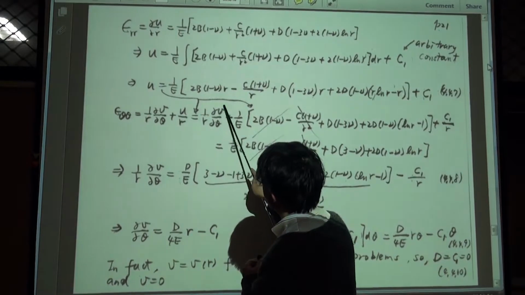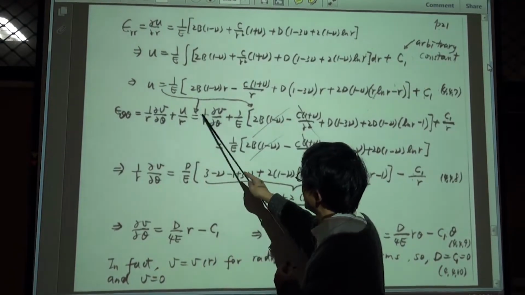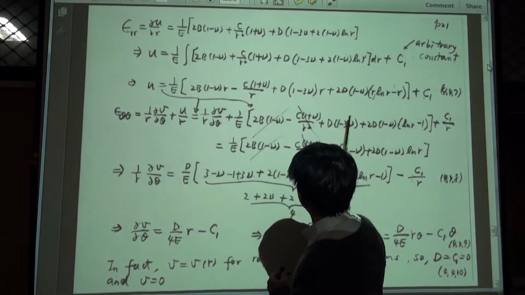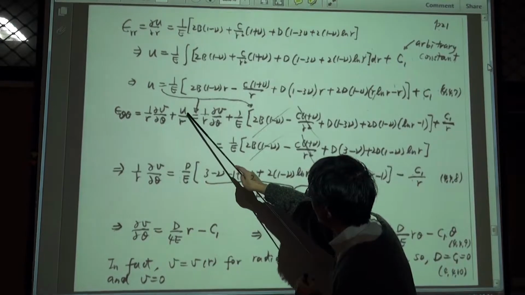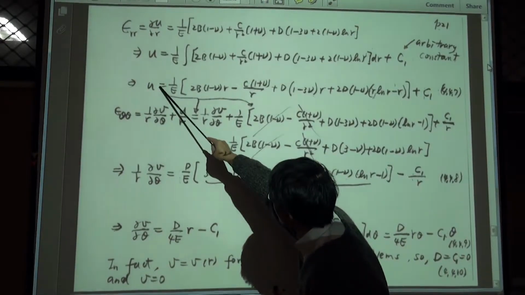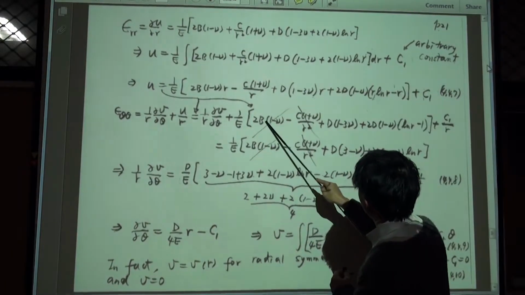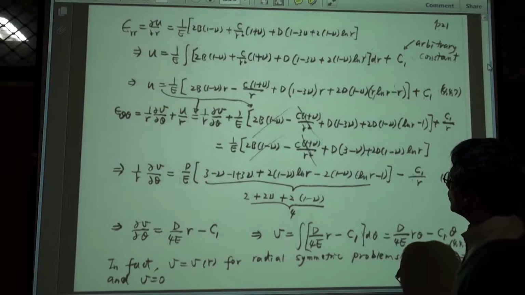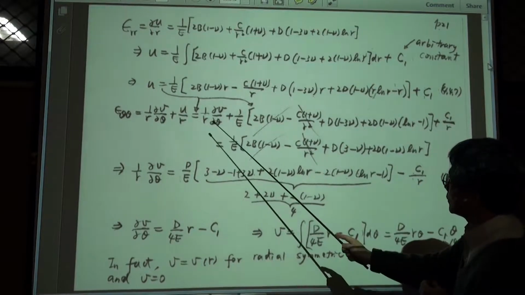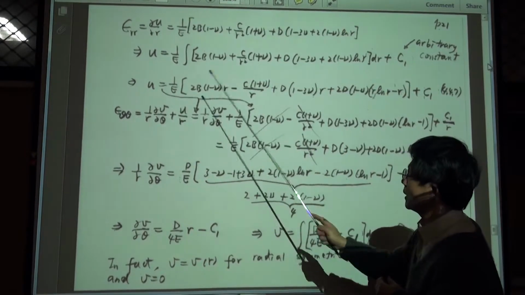This term is unchanged, we just copy it here. And this term is now replaced by this term. What is this term? This term is u divided by r, and this u divided by r is this one. This finishes the substitution. We substitute the formula here into here.